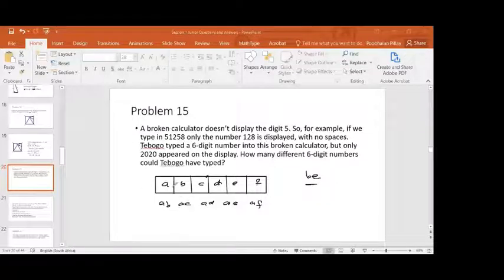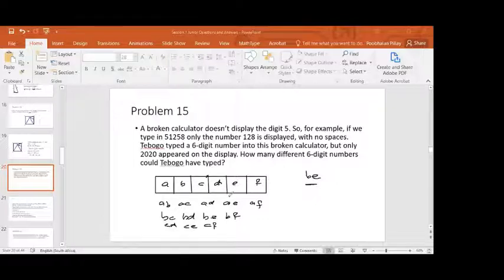Now, if B was occupied, we don't have to bring BA again, right? Because both of them will be 5s. So you can have BC, BD, BE, BF. Or you could have had CD, CE, CF. These are the possible positions that the two fives could have occupied.